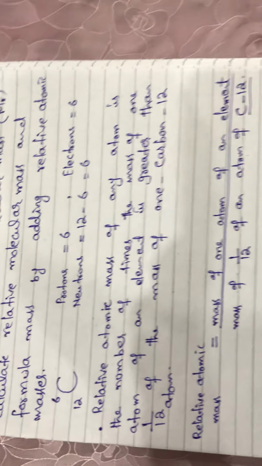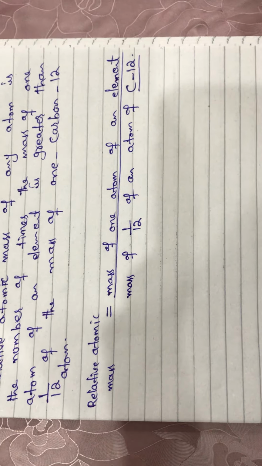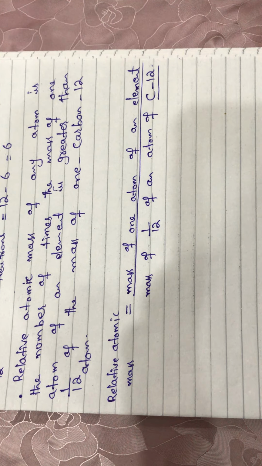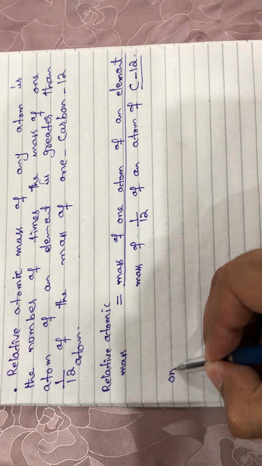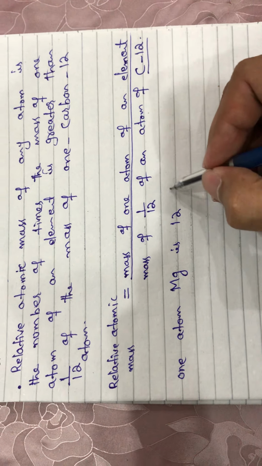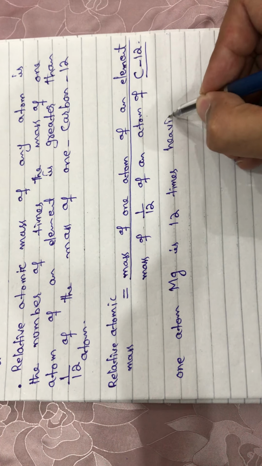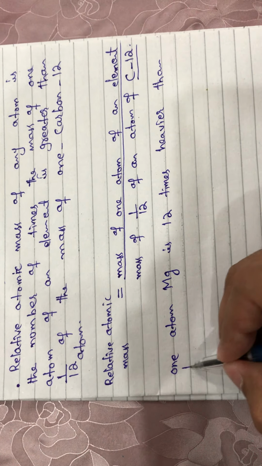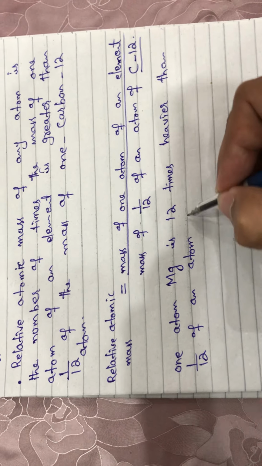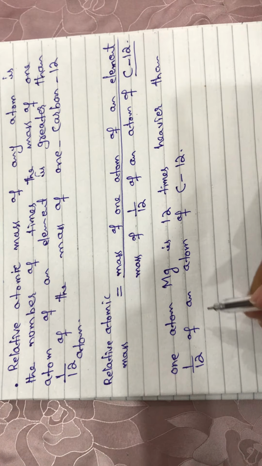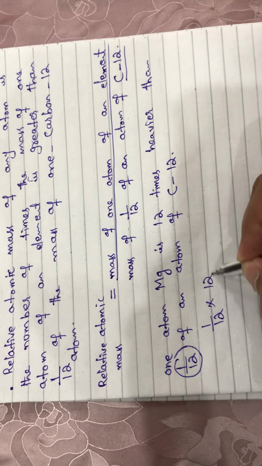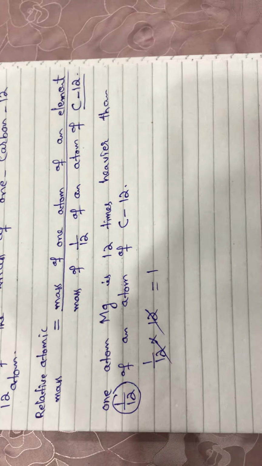And if we observe how the atomic masses of elements can be found by this comparison, we can say that one atom of magnesium is 12 times heavier than 1 over 12 of an atom of carbon 12, because if we find 1 over 12 of a carbon 12 atom, 1 over 12 multiplied by 12 comes to 1 unit.